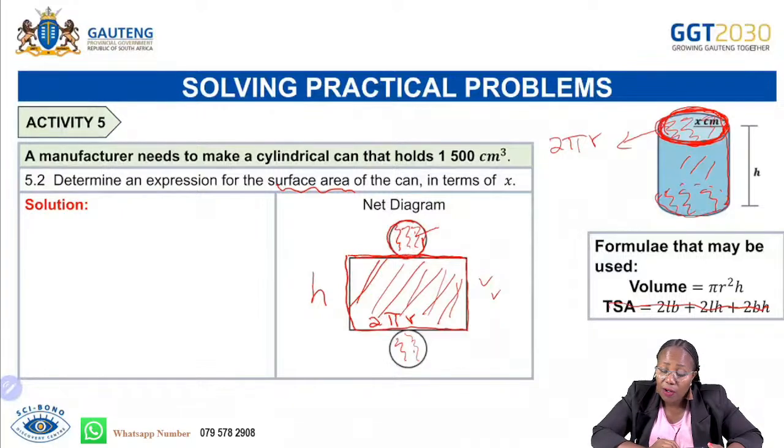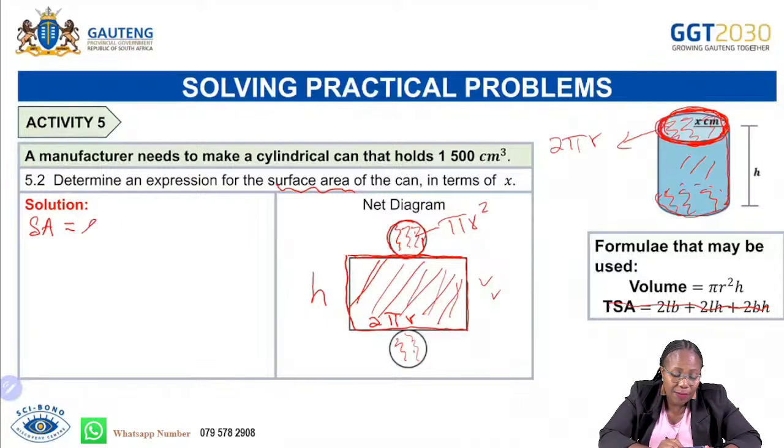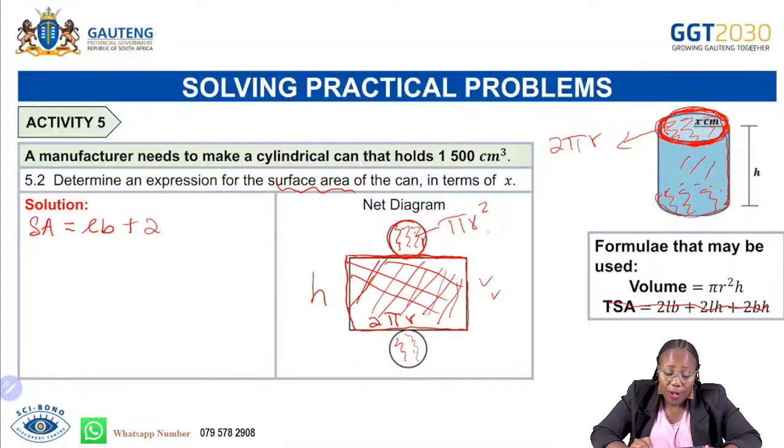The area of a circle is pi r squared. So now we have analyzed the shape. Let's start now. We are saying the surface area, or the total surface area of this diagram, will be length by breadth for this part here, plus the 2 area of a circle, of which is pi r squared. 2 circles, pi r squared area of a circle.